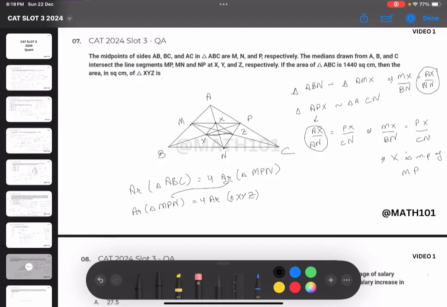So substituting this here, we get area of triangle ABC equals 4 times the area of MPN, which equals 16 times the area of triangle XYZ. That's what we need. This equals 1440. Answer is 90 square centimeters.